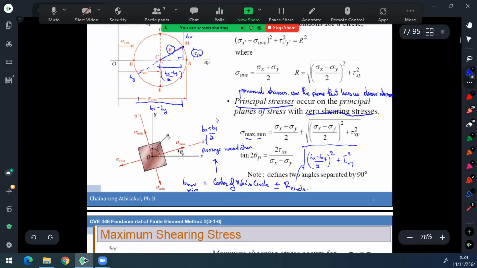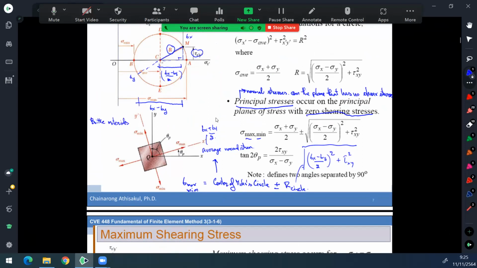If the brittle material, such as concrete, we focus on principal stress, that is all right. It fails along the plane of normal stress.